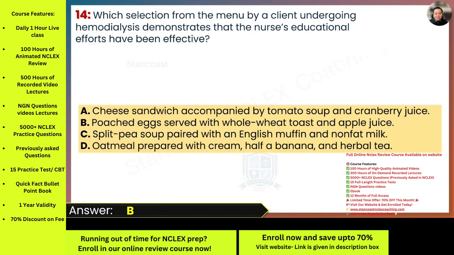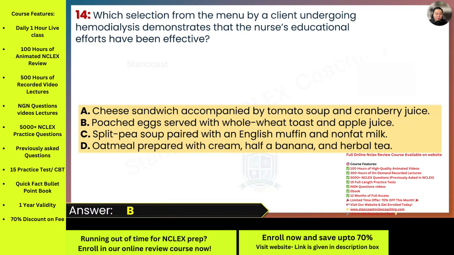Why is this correct? Well, we know that patients who are undergoing dialysis are basically going to manage their intake of potassium, sodium, and phosphate, and this is something that they need to be compliant about because their kidneys are not able to effectively filter these excess electrolytes.